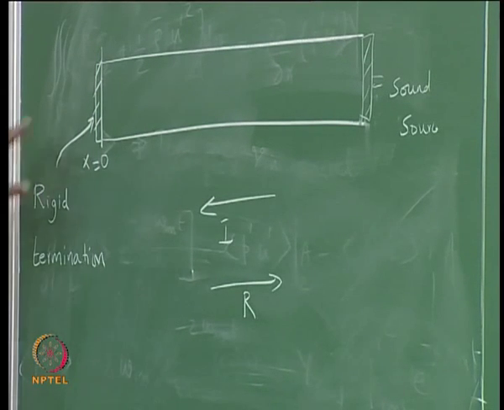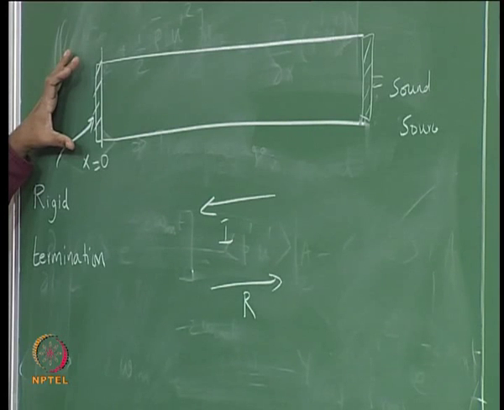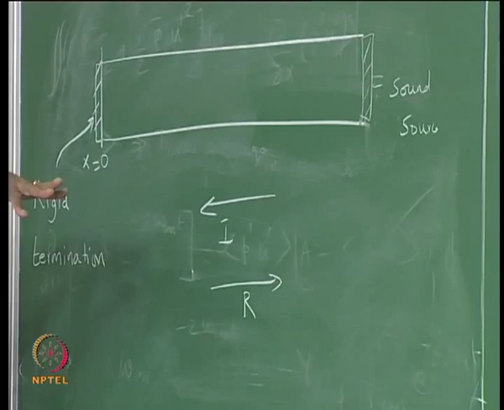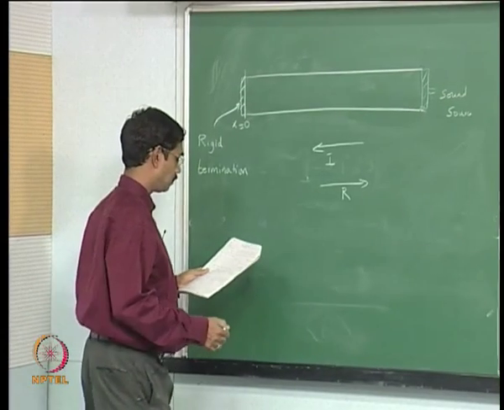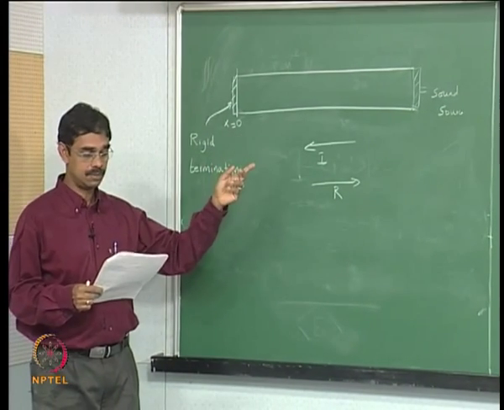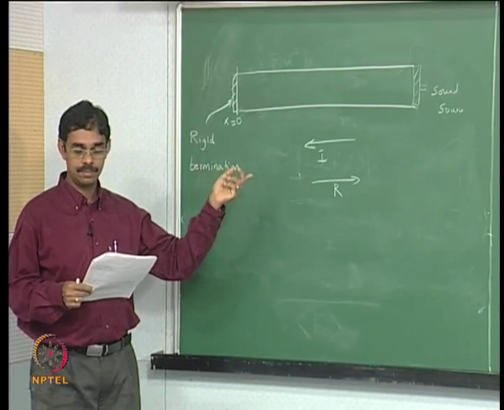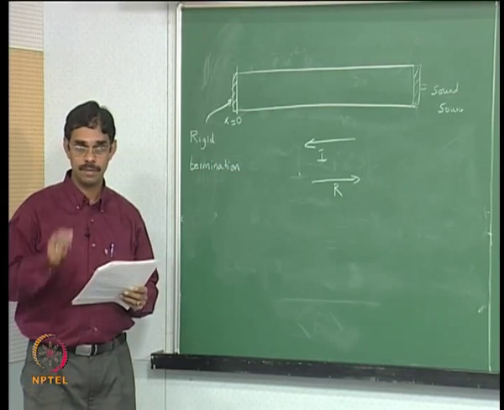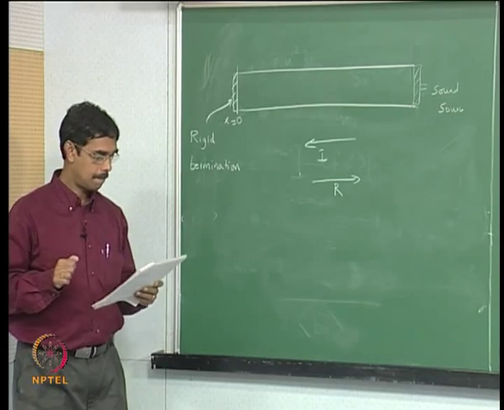Let us for the present assume that we have a perfect termination, or a perfectly rigid termination. That means the amplitude of the incident wave is equal to the amplitude of the reflected wave. In the earlier problem we saw A minus B equal to 0, A equal to B, that kind of situation. The sound source supplies the acoustic power which will be consumed in the acoustic absorption. So we will look at such a case.